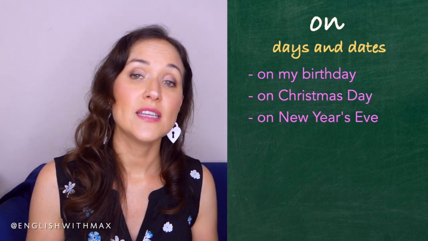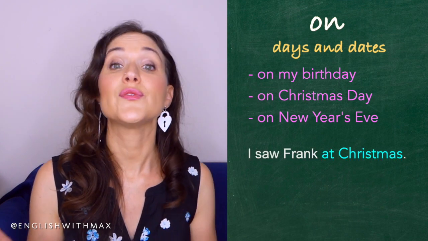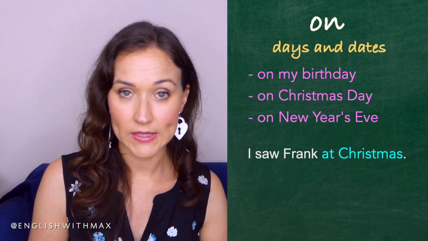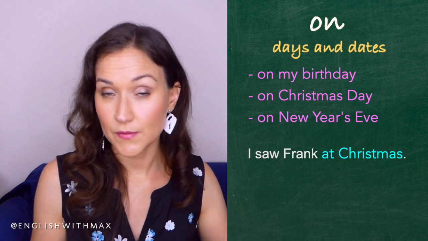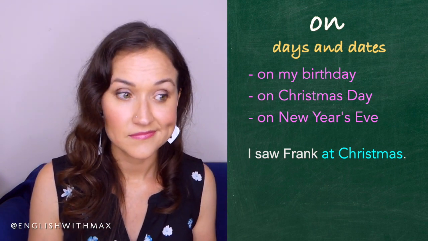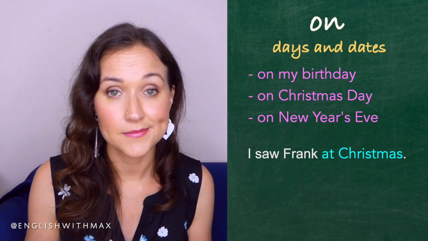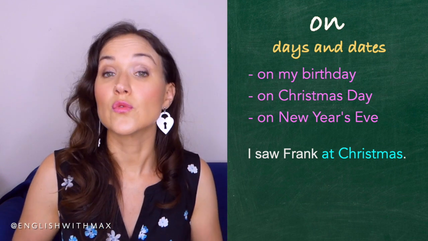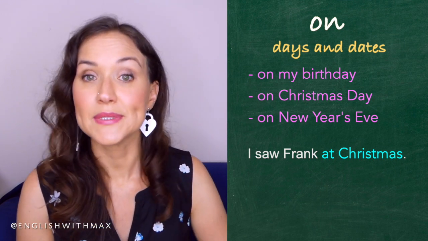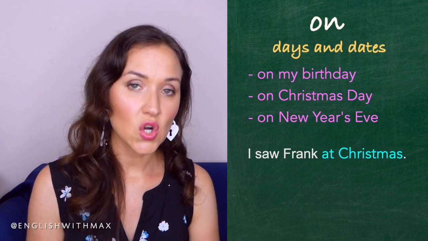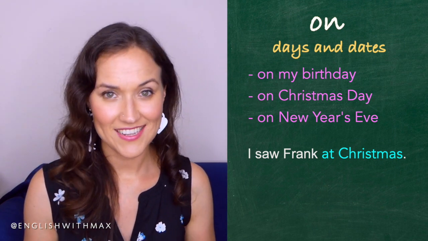For example, if you say, I saw Frank at Christmas, it might mean that you saw him on the 24th of December, on the 25th, on the 26th, or if you were really lucky, maybe you saw him on all of those days. We use on for specific dates.